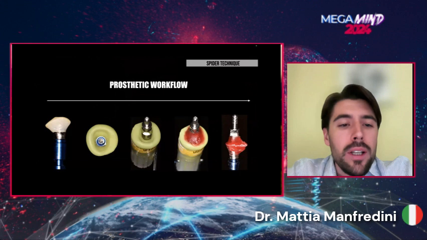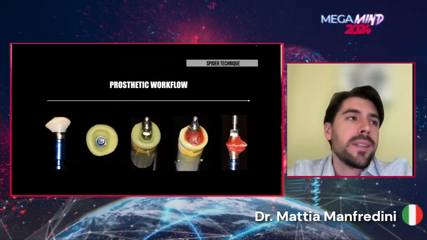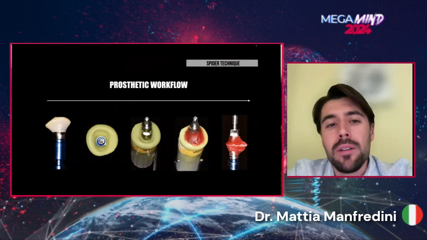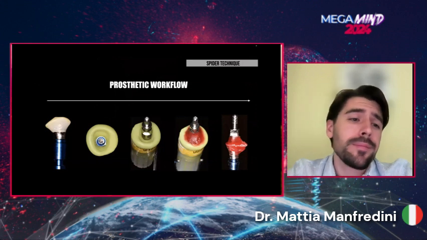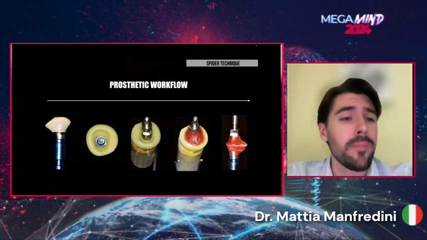This is the analogical workflow in order to individualize the transfer, but of course, this can be done also digitally, simply scanning the custom abutment in order to replicate the shape and give the technician the information of the transmucosal aspect.